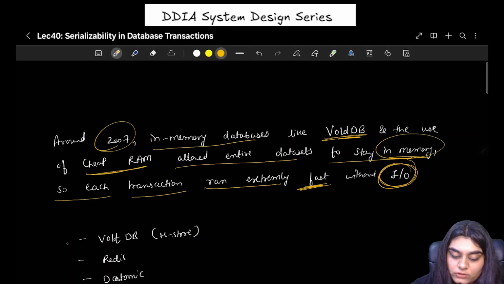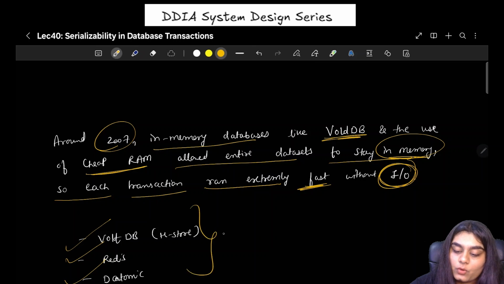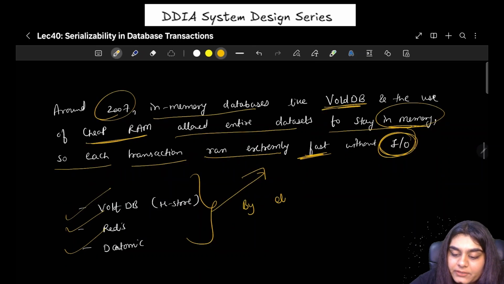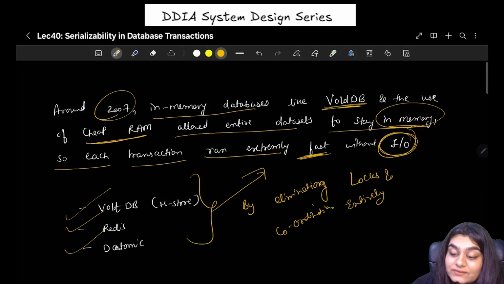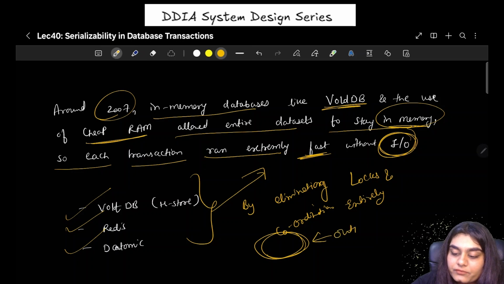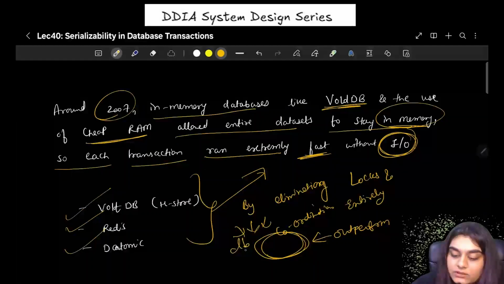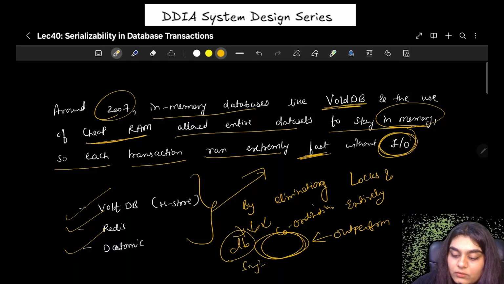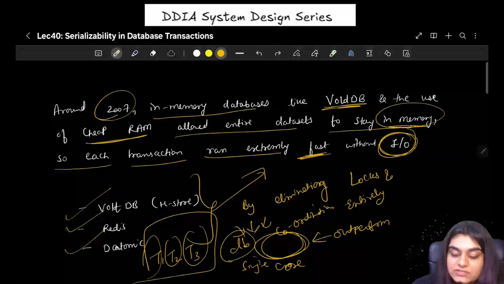Systems such as VoltDB, Redis, and Datomic have adopted this model, and by eliminating locks and coordination entirely, a single-threaded engine can sometimes outperform classic multi-threaded databases on a single core. Every transaction runs alone, so there are no race conditions by construction.